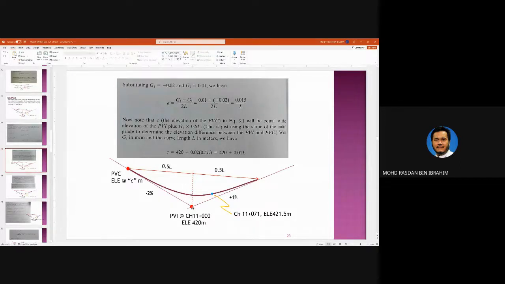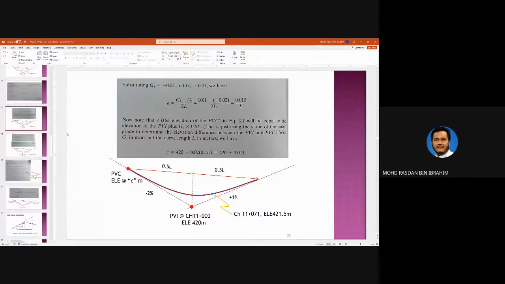Therefore, the elevation of PVC is 420 plus negative 2% multiplied by 0.5L. So the value of C will also be in terms of L. Now we have the values of A, B, and C, although they are still in terms of L.